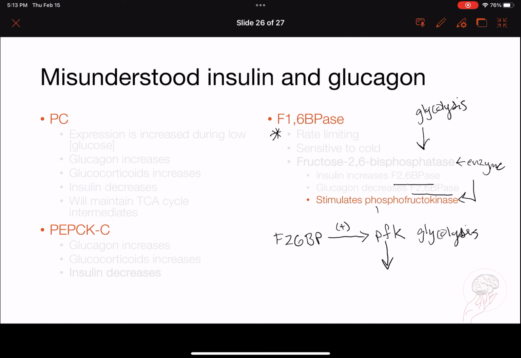In fact, hexokinase is above it. It goes to phosphofructokinase. And then the next rate limiting step is pyruvate kinase. But anyway, so fructose 2,6-bisphosphatase activates PFK. And so insulin is going to increase it.